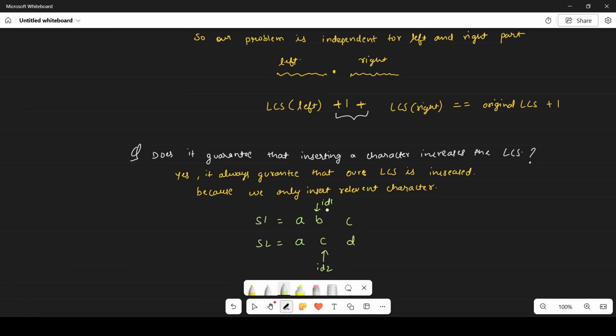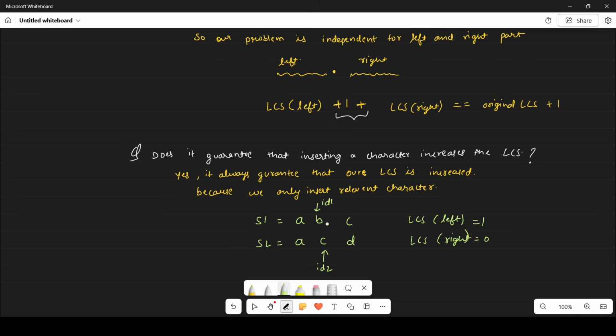Because till this the LCS is 1, because only one character is common in S1 and S2 in this part, and in this part there is no common character. So that's why the LCS of left is 1 and the LCS of right is 0.